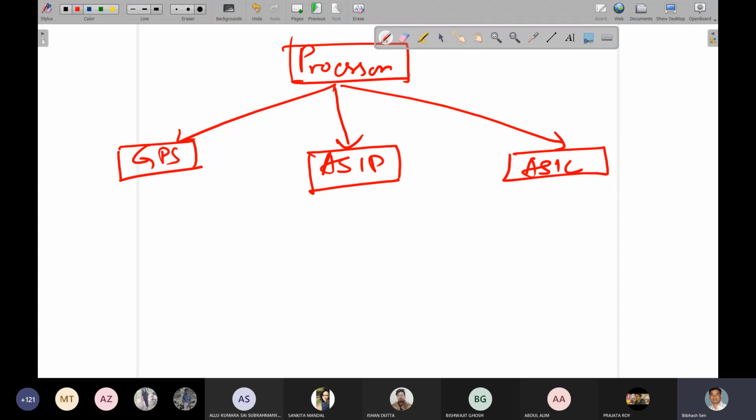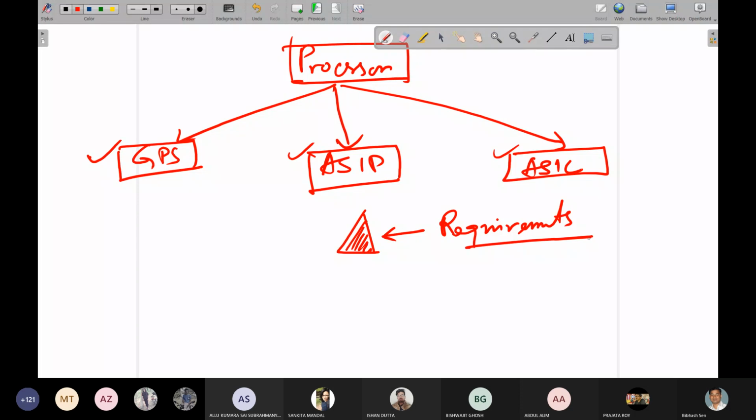Mostly we design an embedded system based on your requirement, where it can be used. Let's try to understand the applicability. Suppose I draw one triangle area. This is my requirement. If I view the GPP, how does it look?